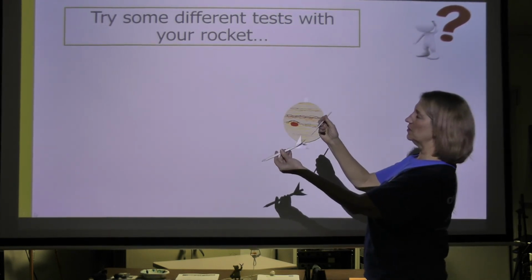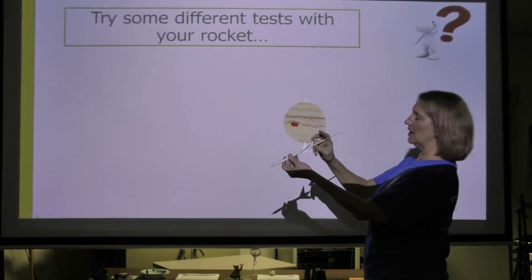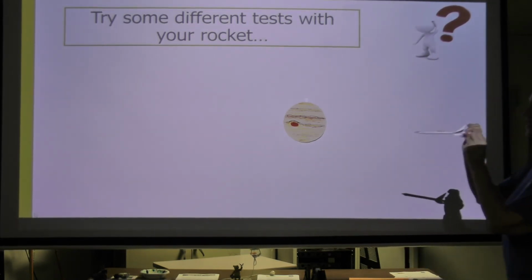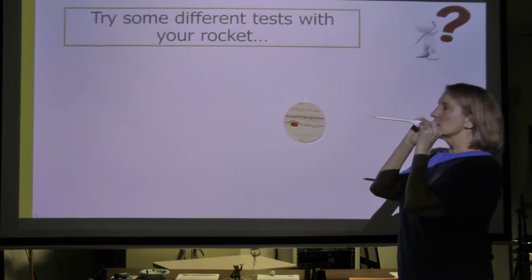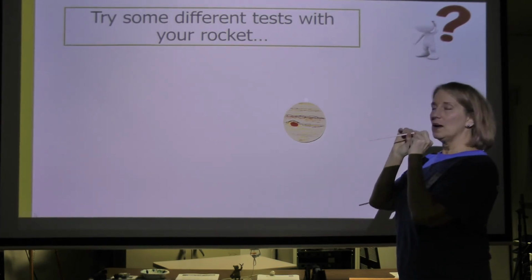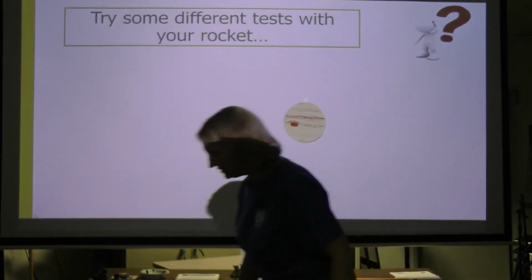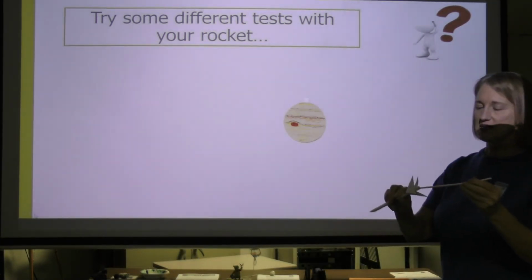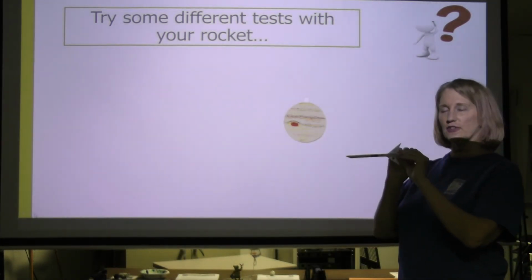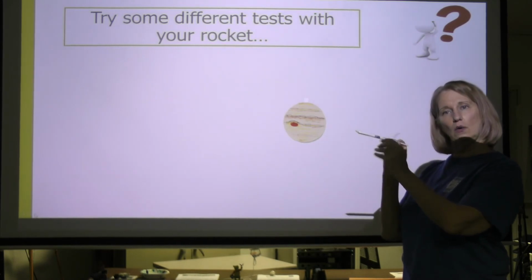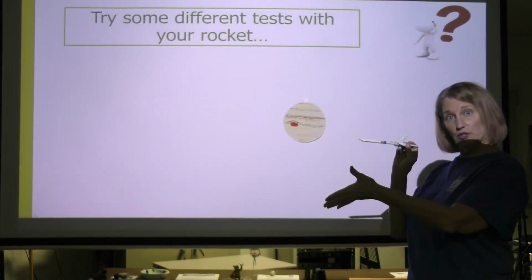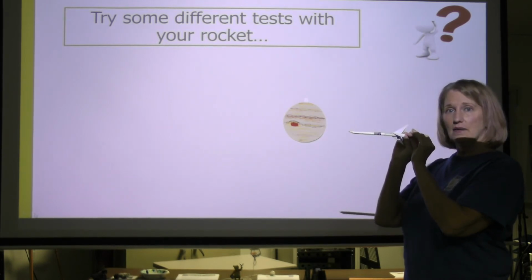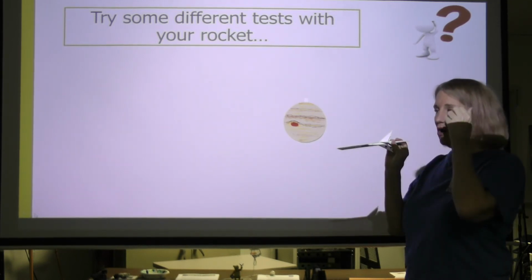So I'm going to put my straw inside my rocket, and now I'm going to just blow through there and see where my rocket goes. Now, the thrust, if I blow very softly, my rocket will go, you're right, a short distance. If I blow hard, you're right, it'll go a long distance.